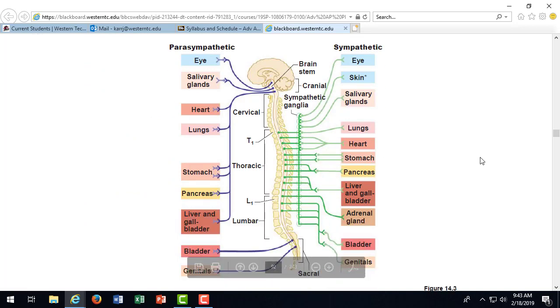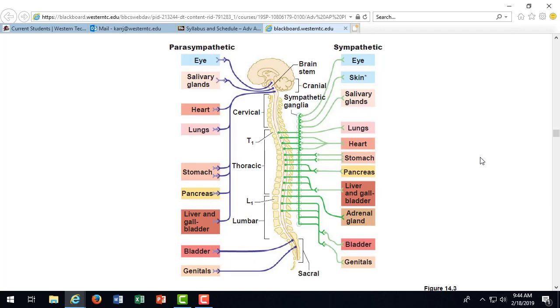So when you look at the neurons that come off the spinal cord, whether it's parasympathetic or sympathetic, they're a little bit different. See the purple neurons coming off the central nervous system? That's the parasympathetic neurons. They come off at the base of the brain. So that's the cranial nerves. Remember the cranial nerves we studied in lab?